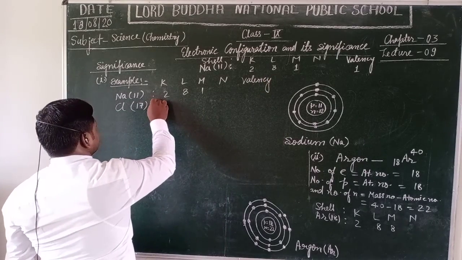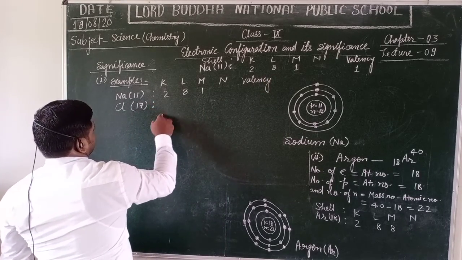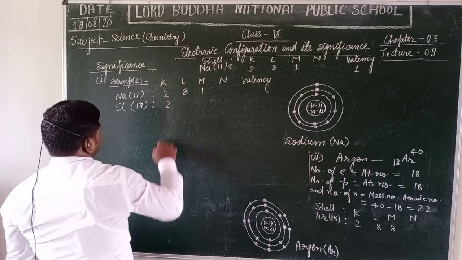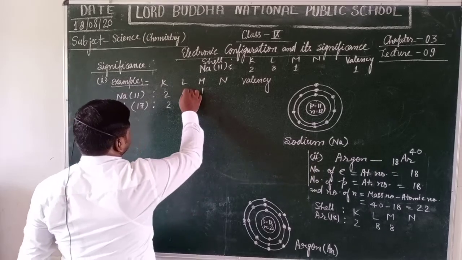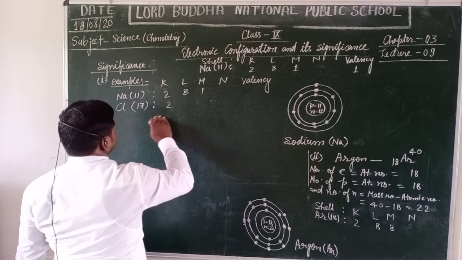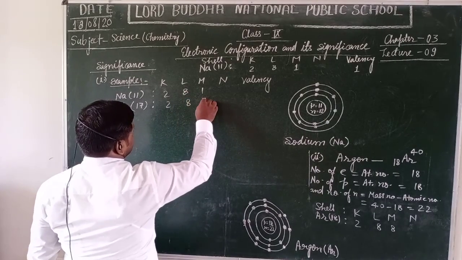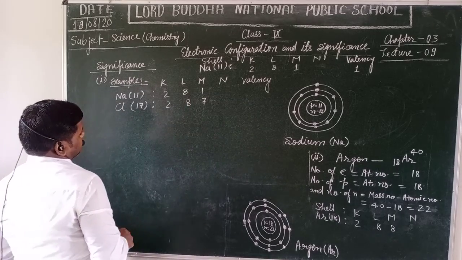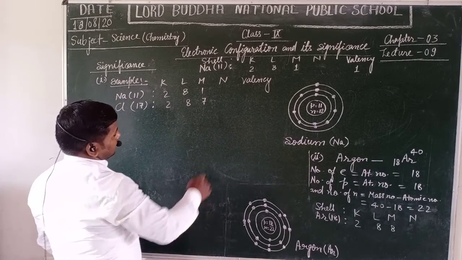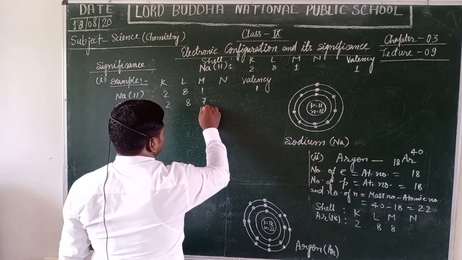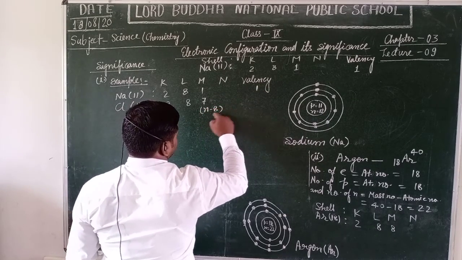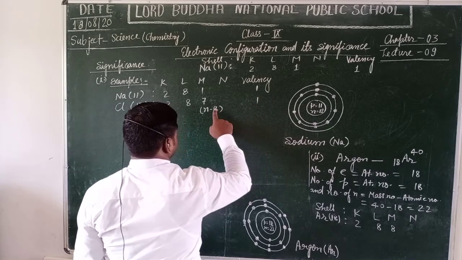And this is the chlorine atom: 2, 8, 7. What is the valency of chlorine? Here we use the formula n minus 8. It means 7 minus 8, that is minus 1.